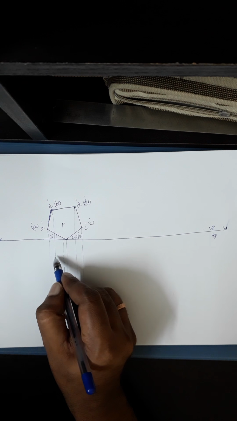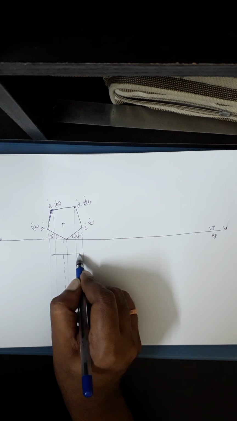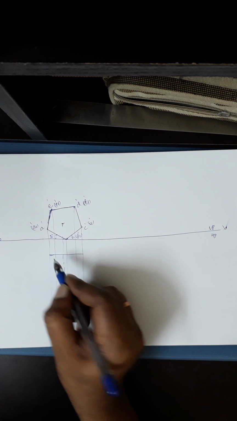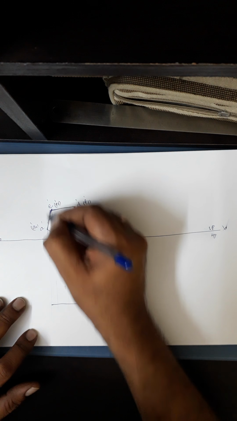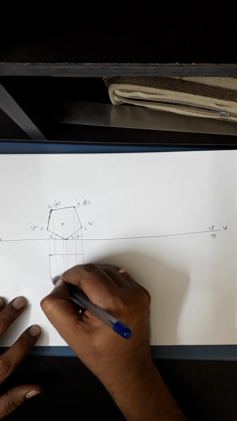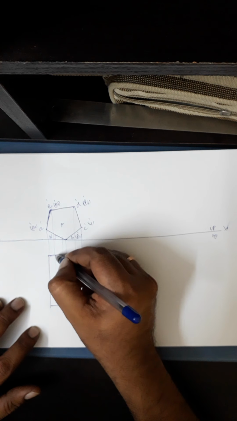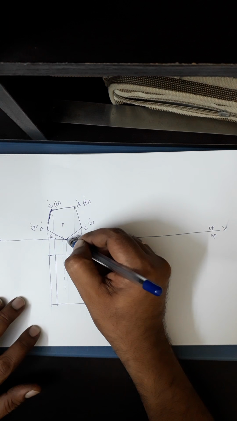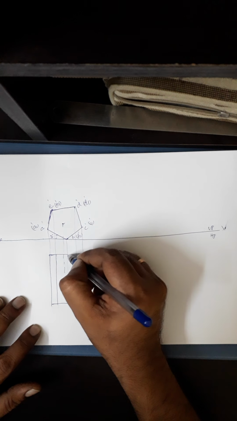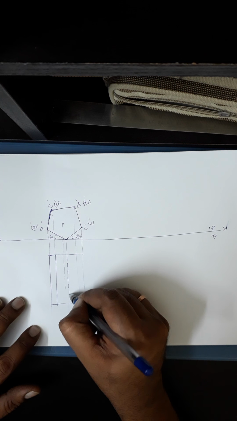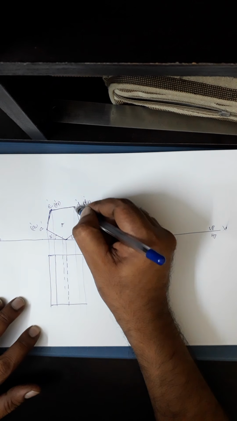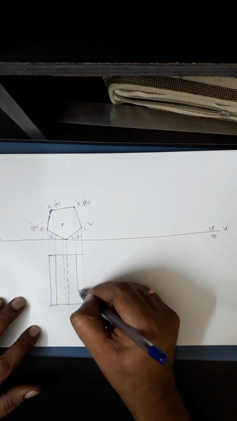We can draw it anywhere here. So this is the visible edge, which you can reach, so go for making it with a thick line. Then this one, you cannot reach, so that will be a dotted line. This is visible. Go for making this one a dotted line.